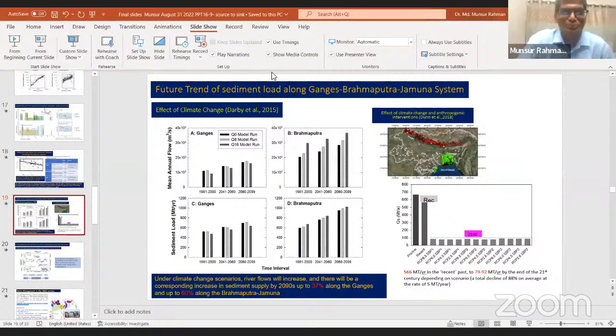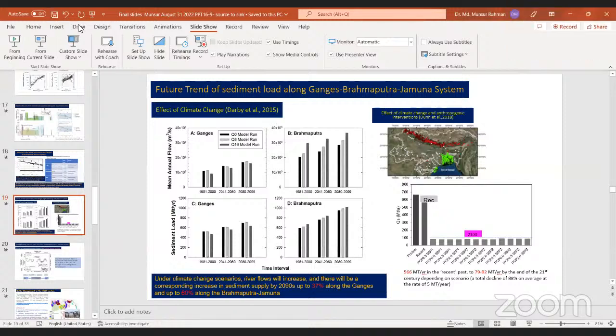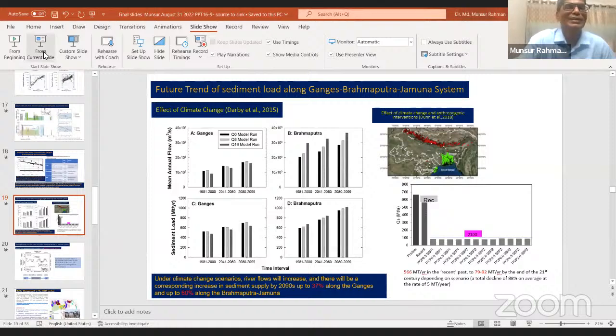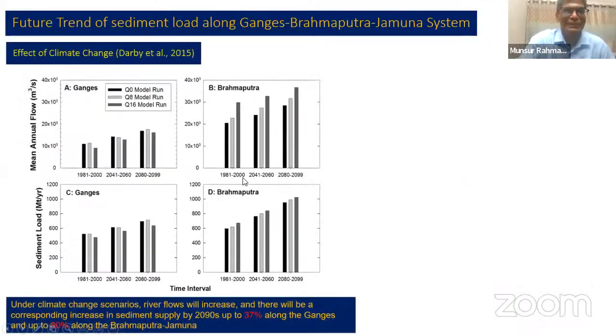Yeah, thank you. So during the discussion, I talked about this. This model is considering only the effect of climate change. That means the effect of increase of rainfall intensity, etc. So we have three different scenarios, like the business as usual, and drier and then wetter scenario.